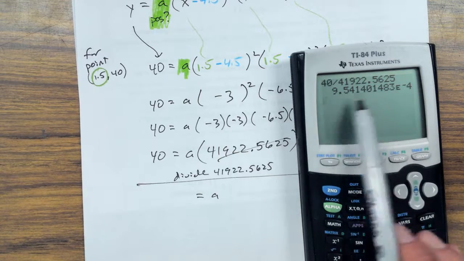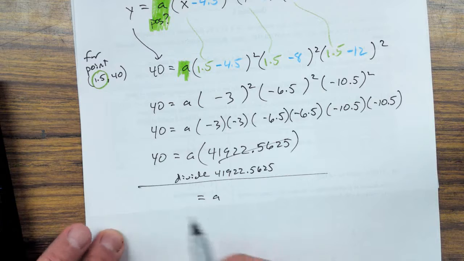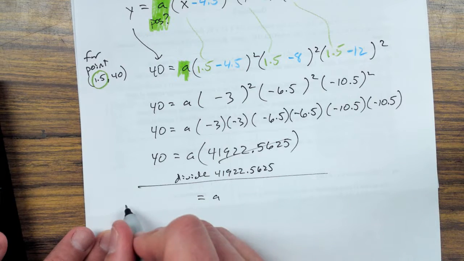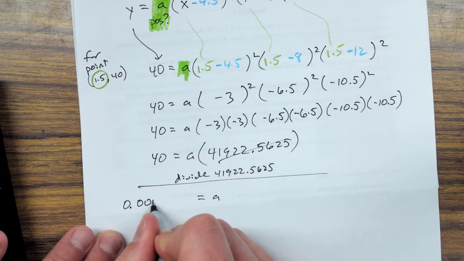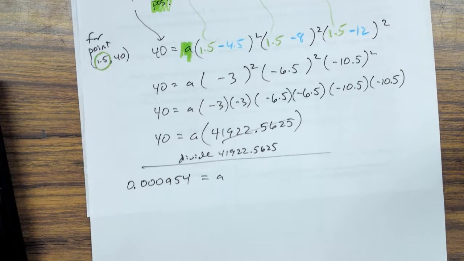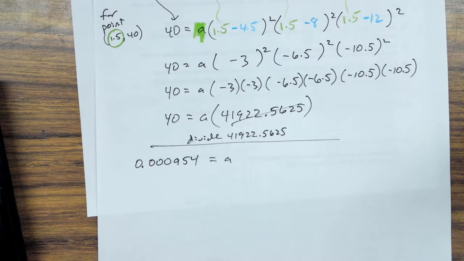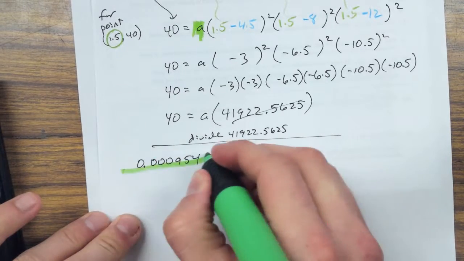Negative means make it smaller, positive means make it bigger. So if I move it 4 decimals to the left, I'm going to get 30954. It is positive, so that's great.